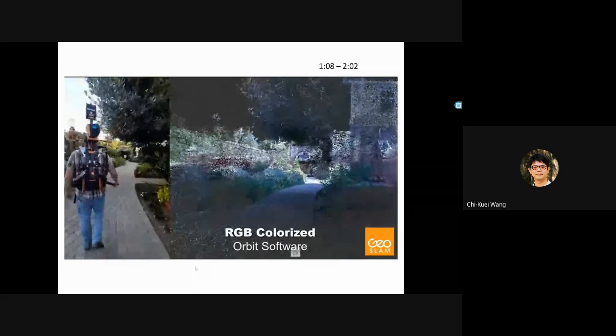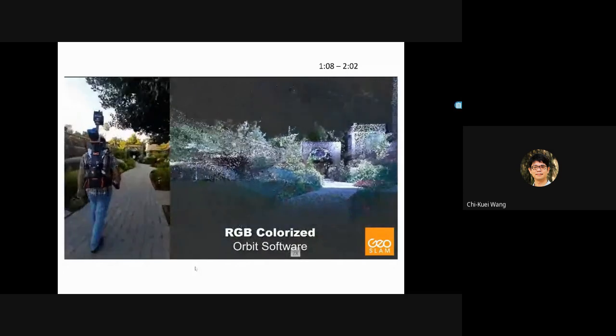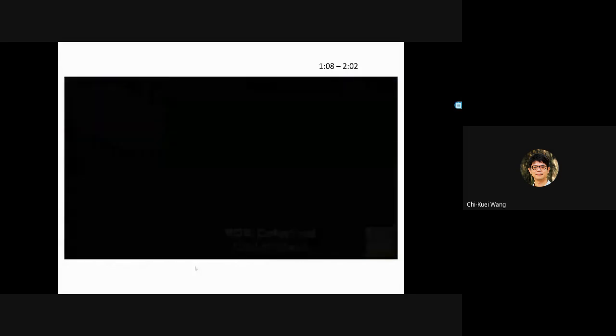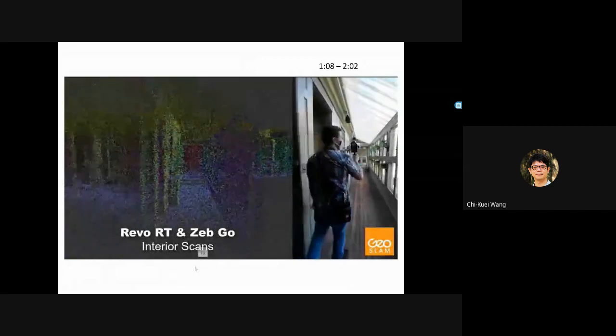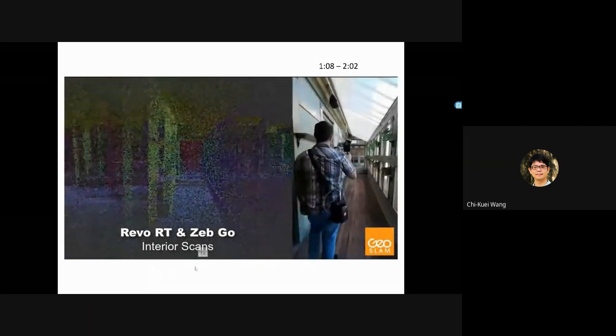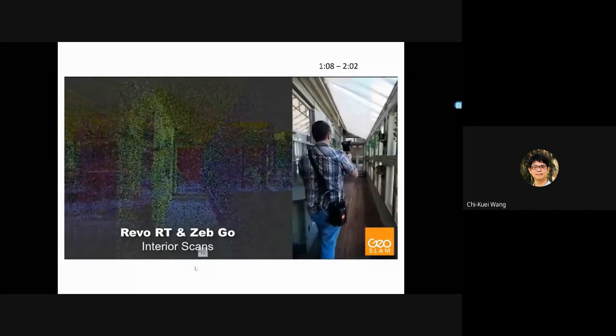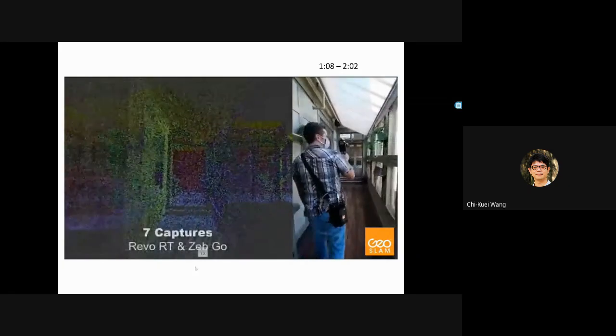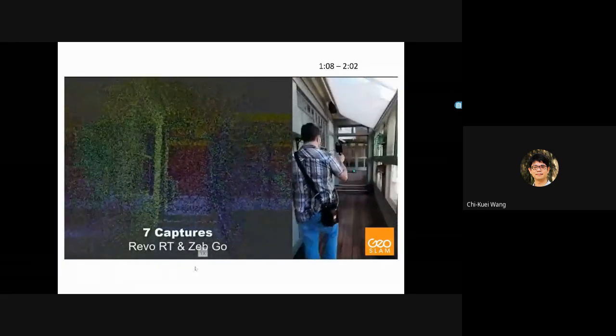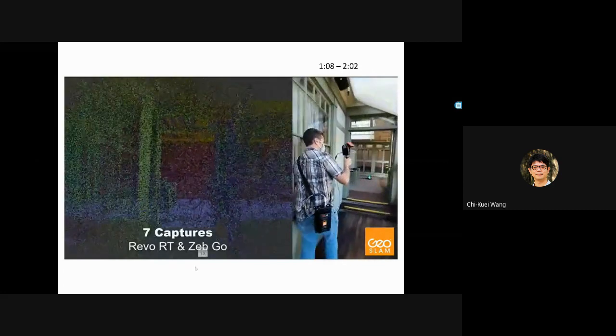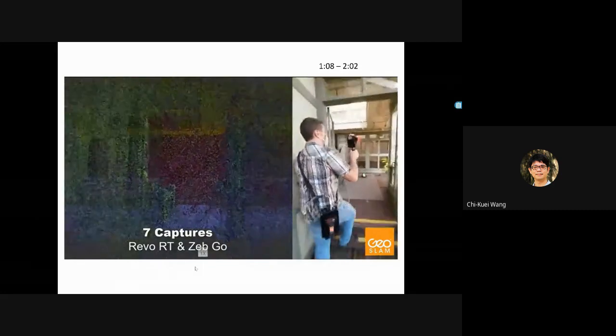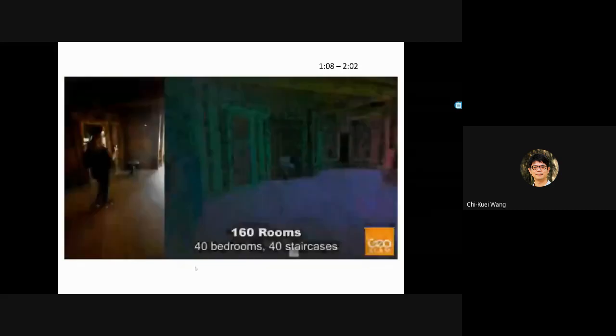If you want to scan this area with this backpack, it's actually convenient to walk through. And that system can turn into handheld, so you can walk through the narrow corridors in this building and scan each room.